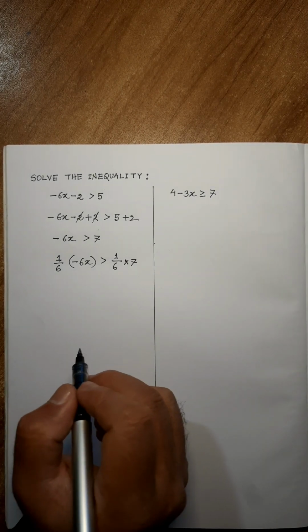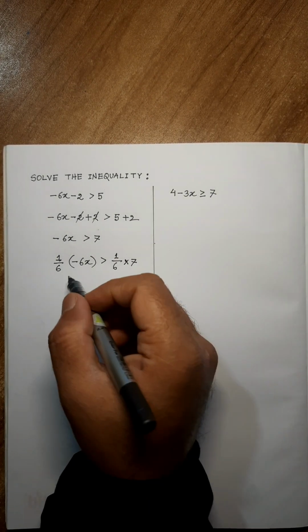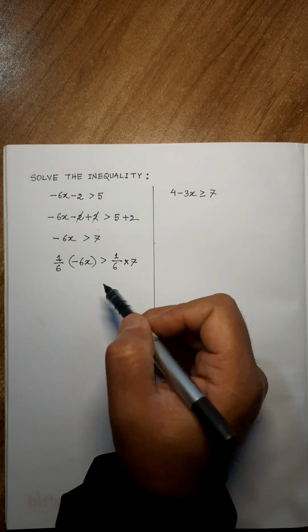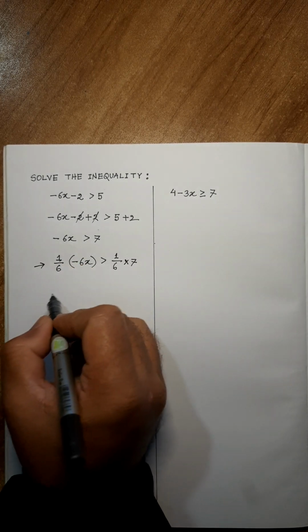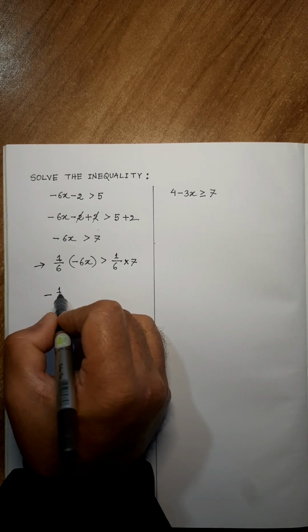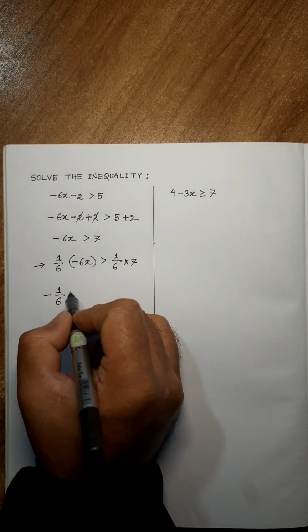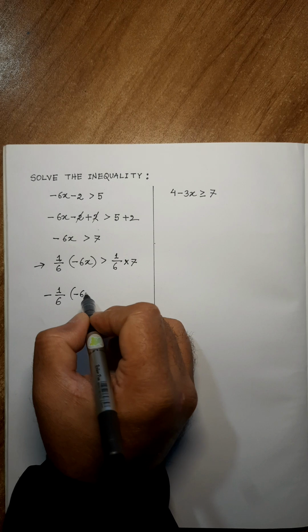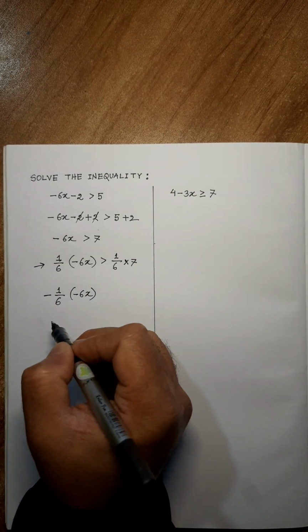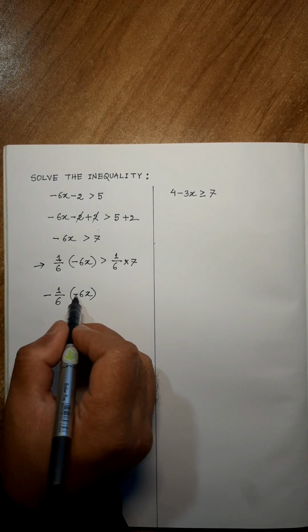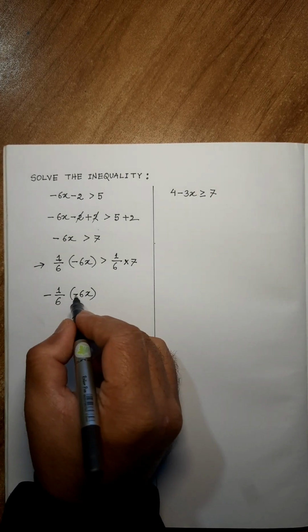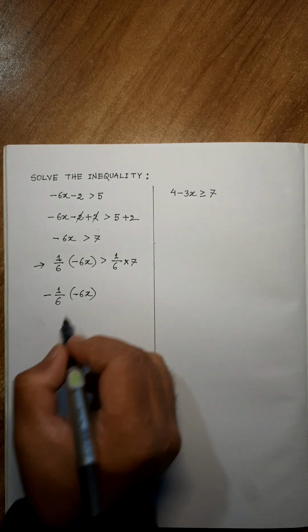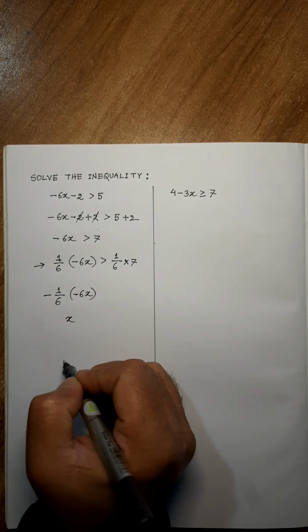Now most of you are thinking that instead of multiplying by 1 over 6, we can directly multiply by negative 1 over 6. We can do that, can't we? And that will take care of that minus sign also, because minus times minus will become plus, and 1 over 6 times 6x will give us just x.